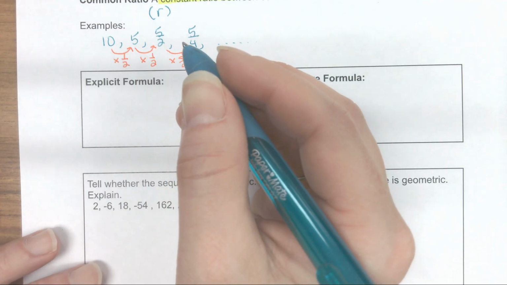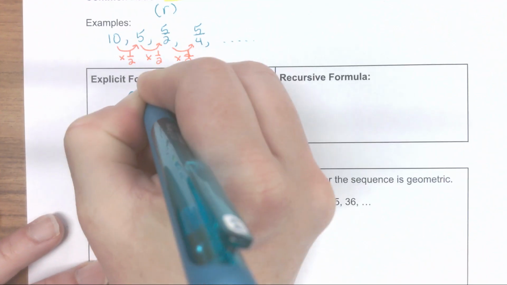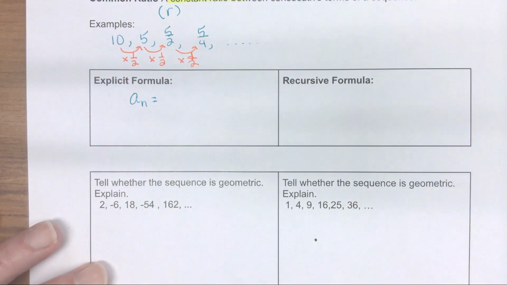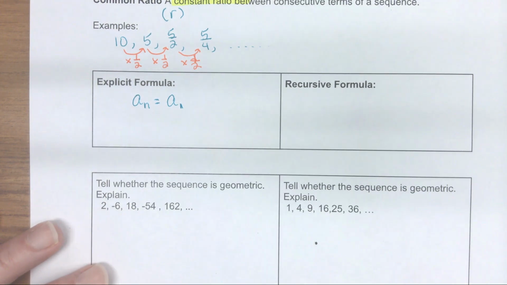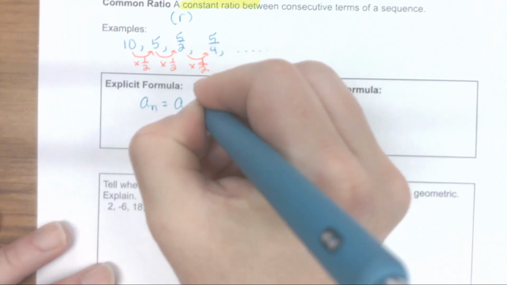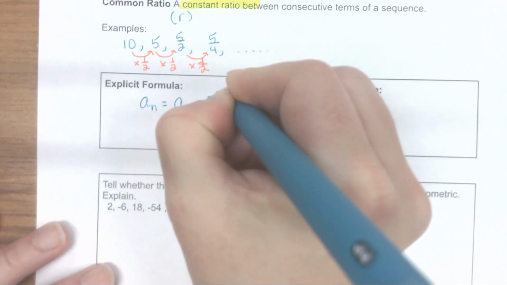To find the nth term, so a sub n equals, we take the first term, which is a sub 1, and we multiply by the common ratio to the n minus 1 power.